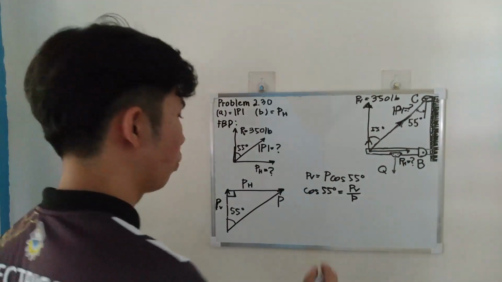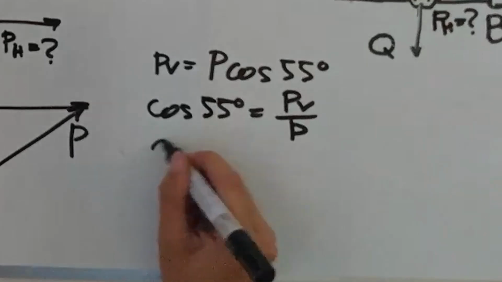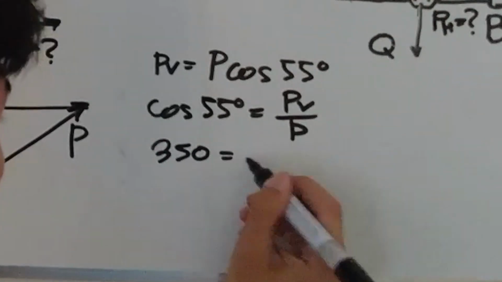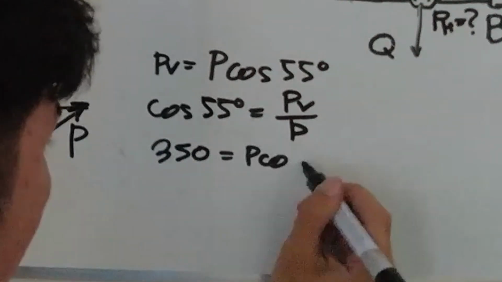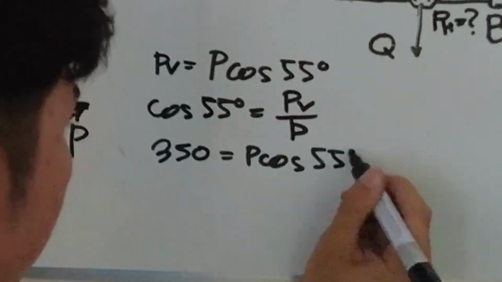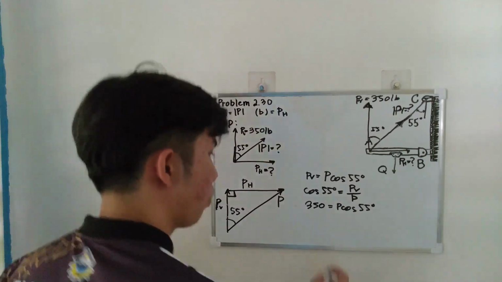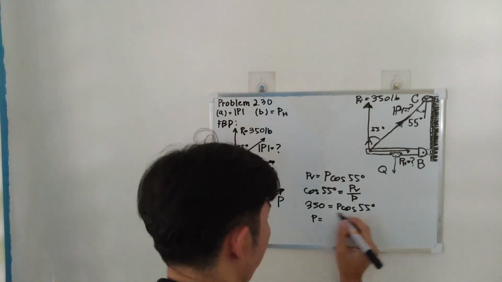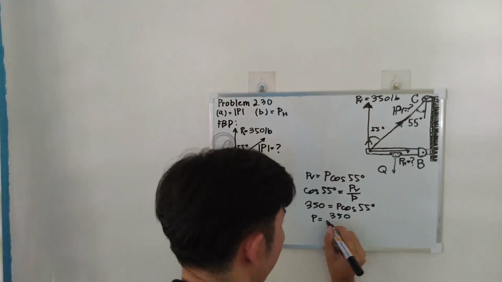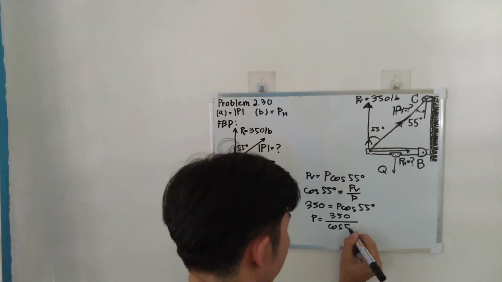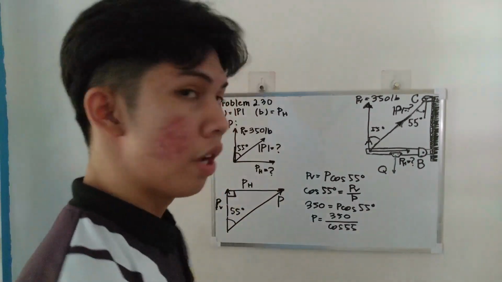Now let's substitute. The PV, which is 350 pounds, equals P cos of 55 degree. We're required to find the magnitude of P, so P equals 350 over cos 55. Now let's calculate.